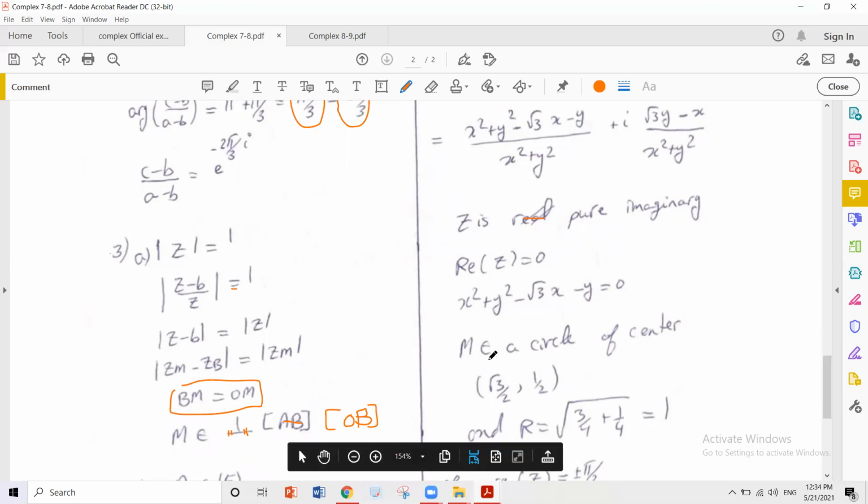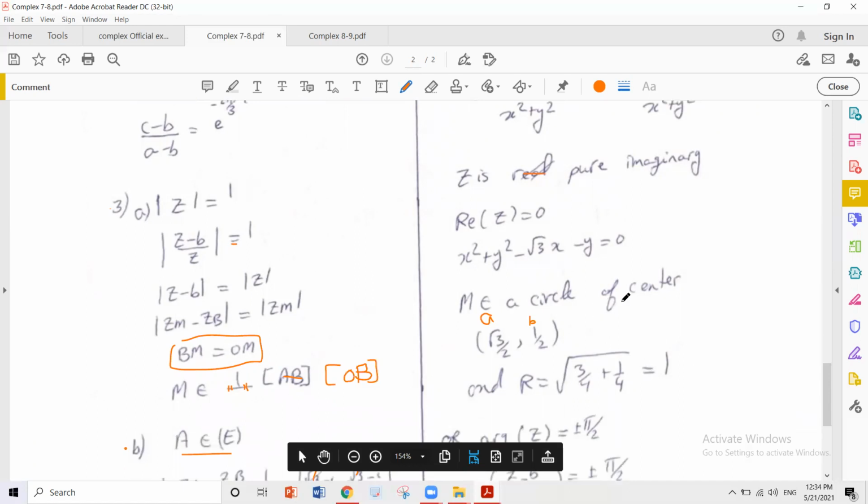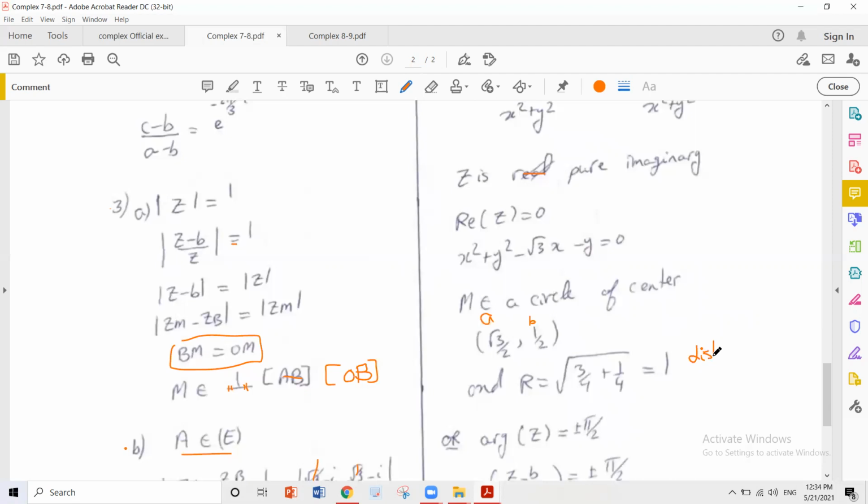Radius equals radical of a squared plus b squared minus c, which gives us 1. So M belongs to a circle of center, distinct from O.